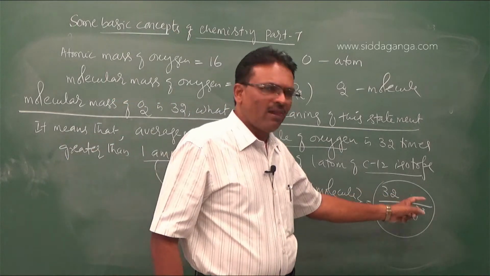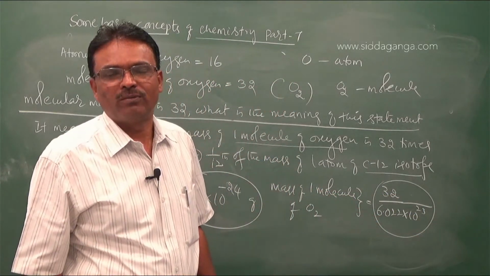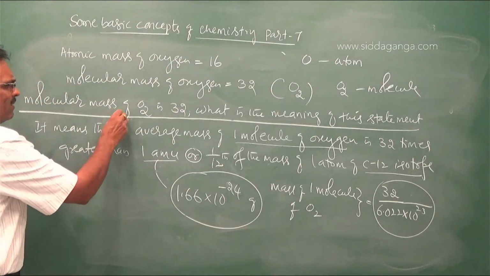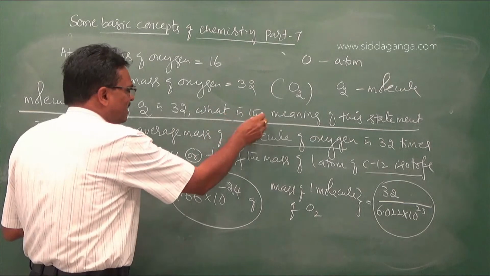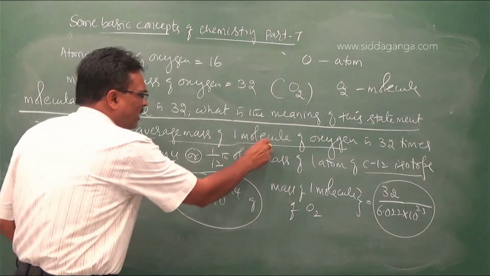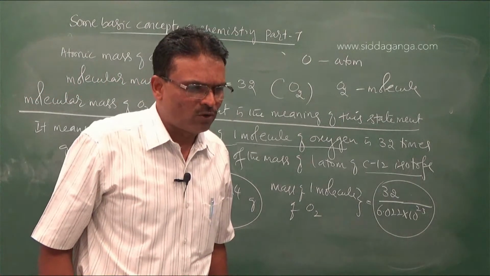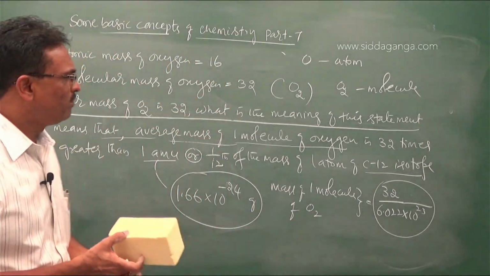So that is why the molecular mass of oxygen is 32. It means that the average mass of one molecule of oxygen is 32 times greater than 1/12 of the mass of one atom of carbon 12 isotope.